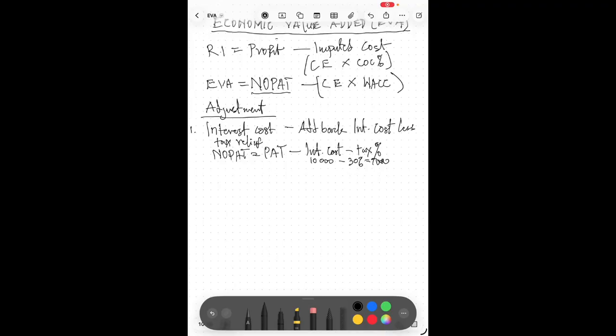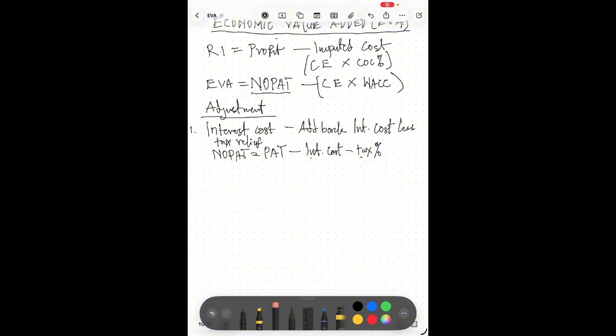So the first adjustment is your interest adjustment. Net operating profit after tax is equal to profit after tax plus interest cost less tax relief, which is the tax percentage.